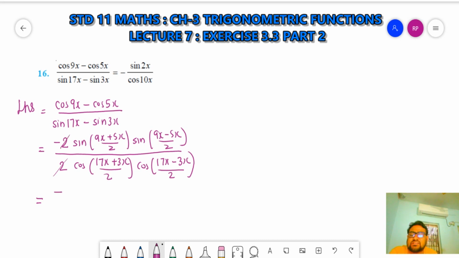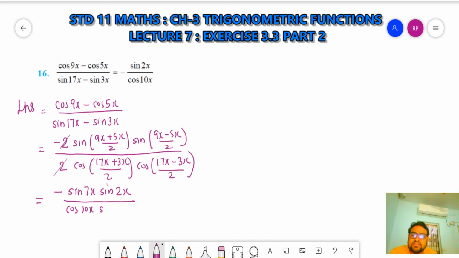Minus, 9x plus 5x, that is 14x by 2, 7x; 9x minus 5x, that is 4x upon 2, that is 2x. In the denominator, 17 plus 3, that is 20x by 2, 10x.